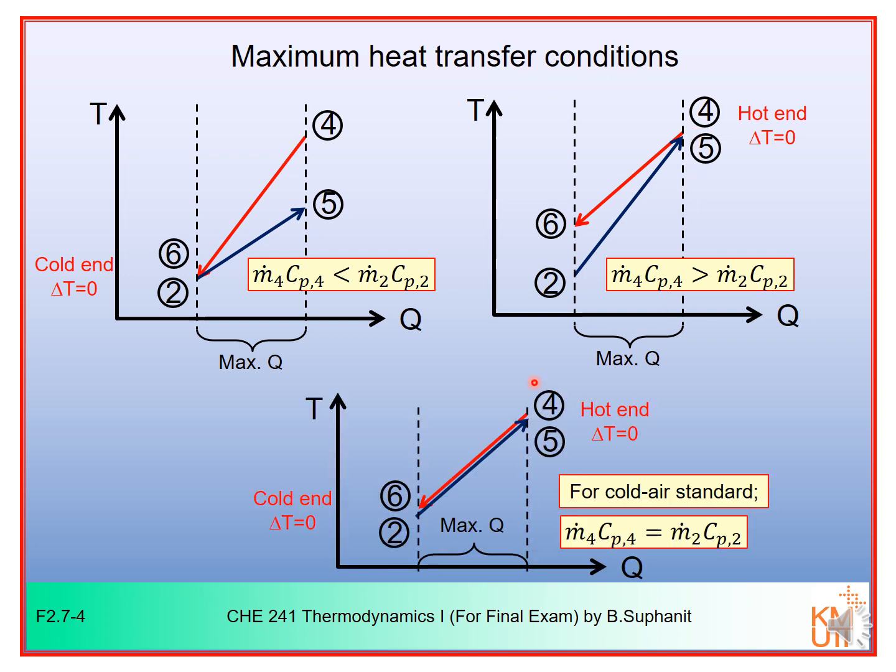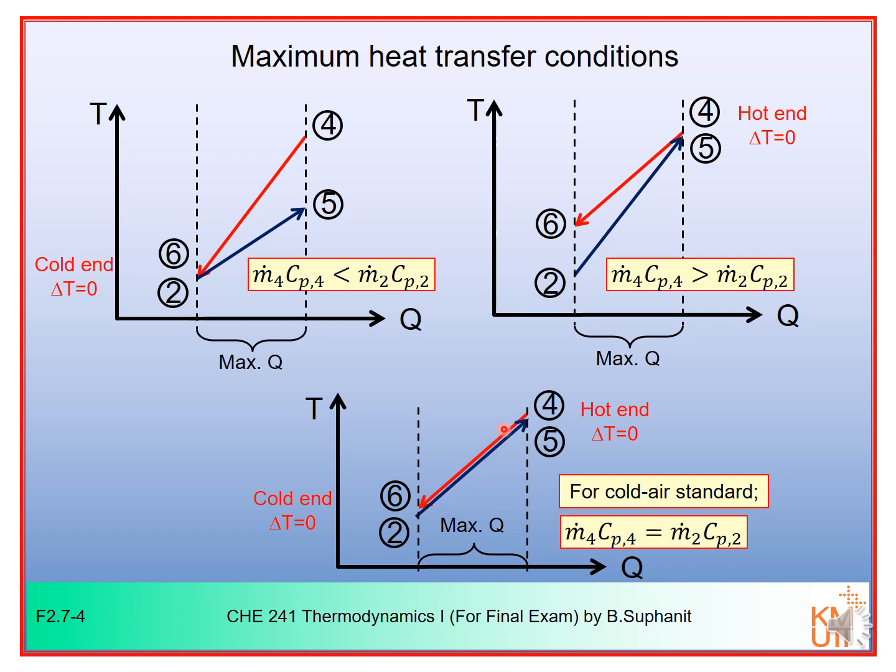And lastly, for cold air standard assumption, in the gas turbine cycle, in which the air is assumed to be the working fluid, MCp of the turbine exhaust is assumed to be the same as that of the compressed air. The slope of both hot and cold temperature profiles will be the same.